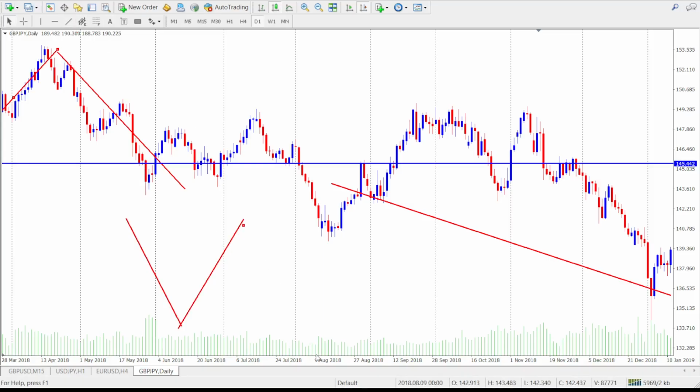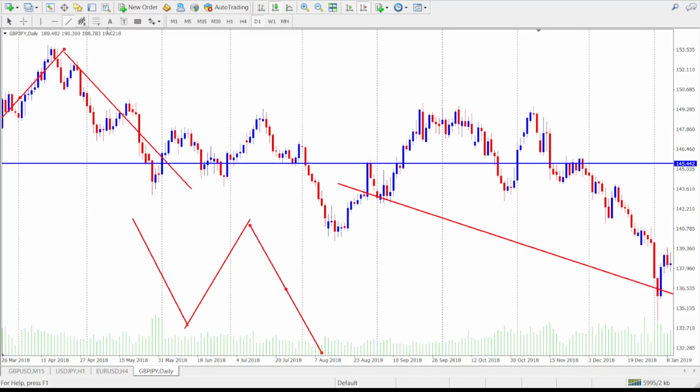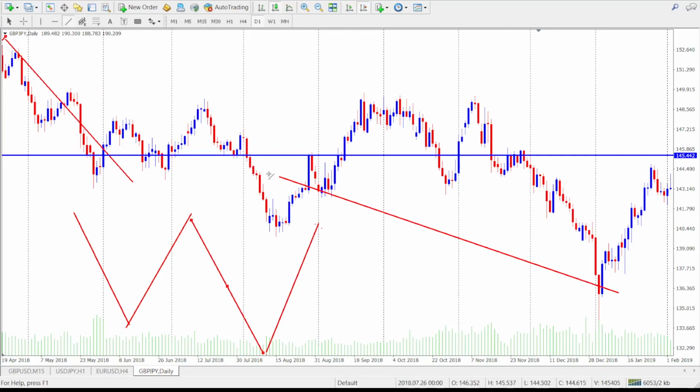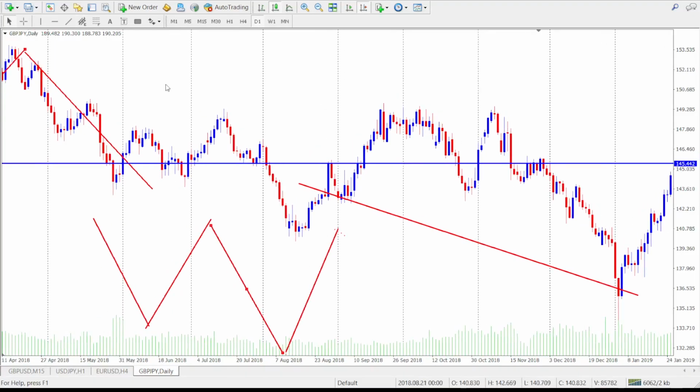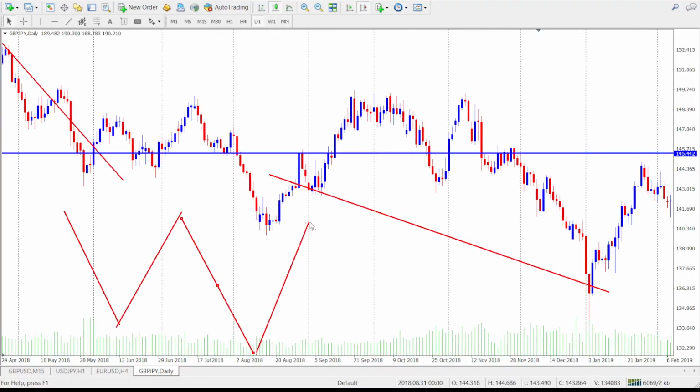For a bullish reversal, we're going to have the head lower, and then have the shoulders. So in this case, this is going to be an inverse head and shoulders pattern.